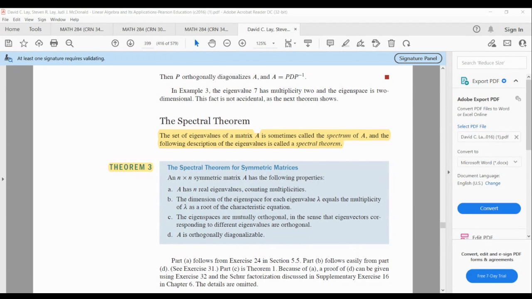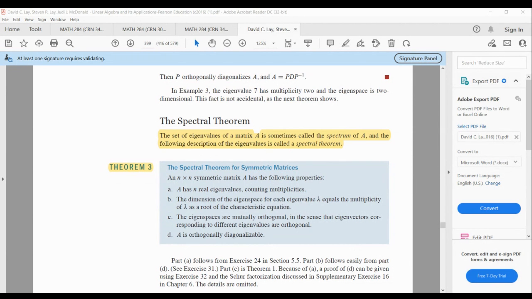And there's what's called a spectral theorem for symmetric matrices. So the properties in the spectral theorem, theorem 3, have to hold. A symmetric matrix has those 4 properties. Property B: the dimension of each eigenspace for an eigenvalue equals the multiplicity of the eigenvalue. That's great, because that means you can diagonalize that matrix A. Also, by part C, the eigenspaces are mutually orthogonal.